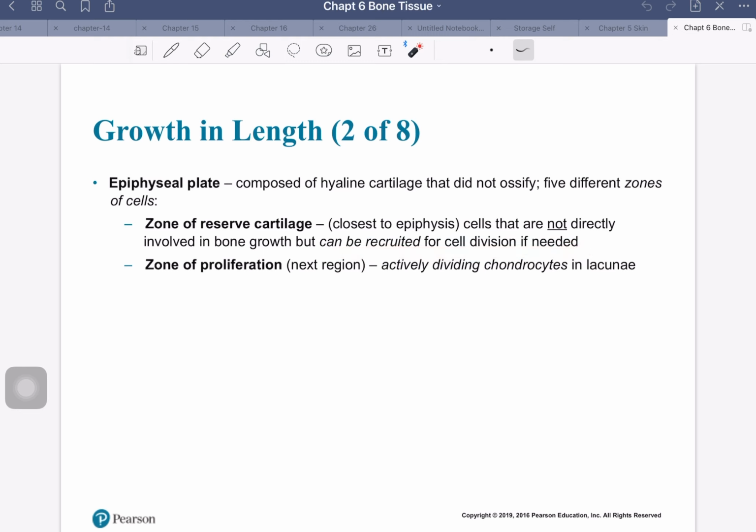Now, right above that zone, we enter another zone called the zone of proliferation. And this is where we actually have chondrocytes actively dividing. And if you remember from past discussions or past readings, the chondrocytes, here's a chondrocyte, they exist within a little chamber called a lacunae.